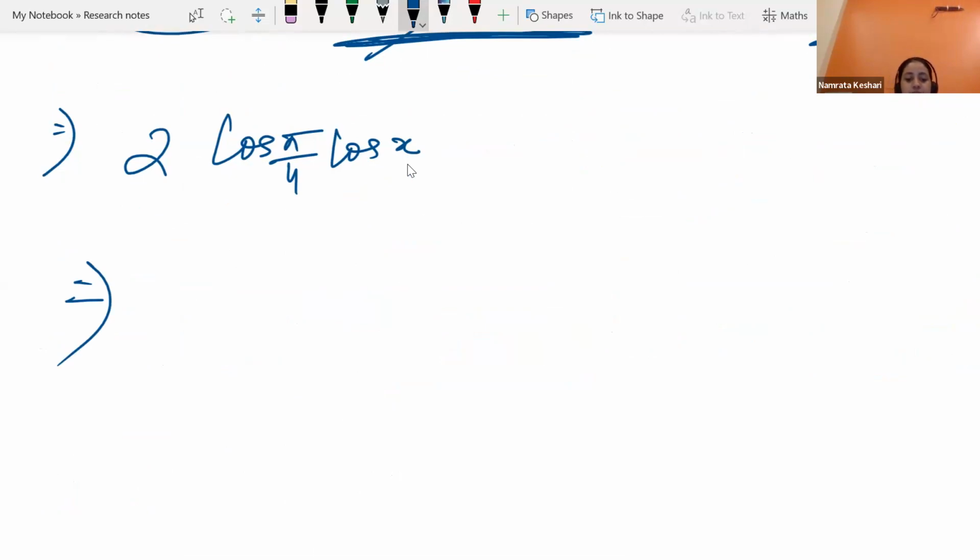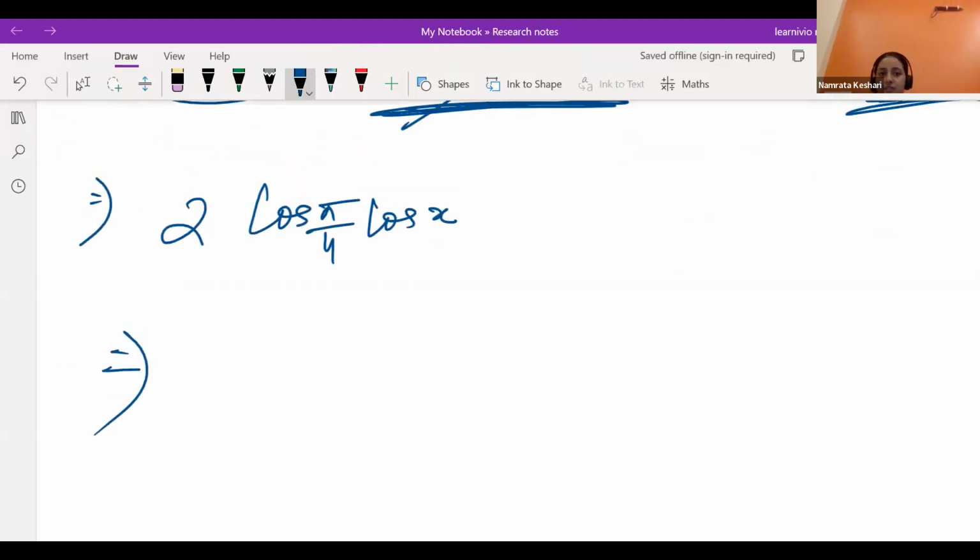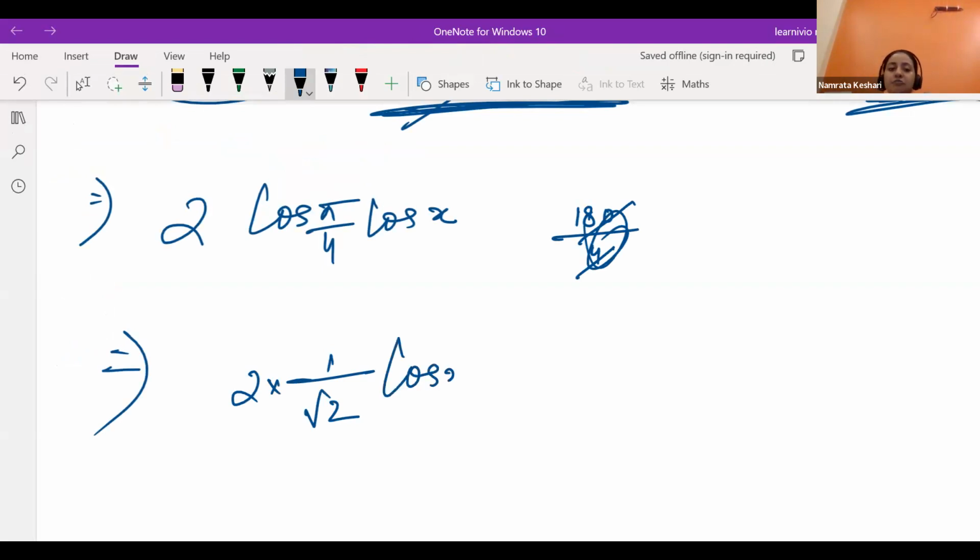Cos pi by 4 is 1 by root 2, ma'am, if I'm not wrong. Yes. Pi means 180, so 180 by 4, it means we are talking about 45 degrees. Okay, so that is 1 by root 2. However, you should make it a habit to understand in terms of pi only, that it will be 1 by root 2. Yes, correct. Perfect.